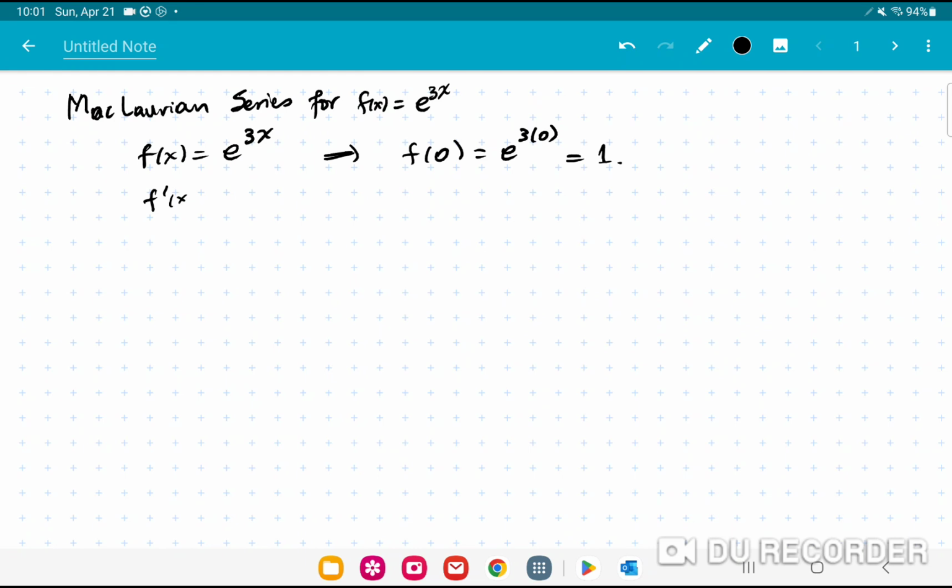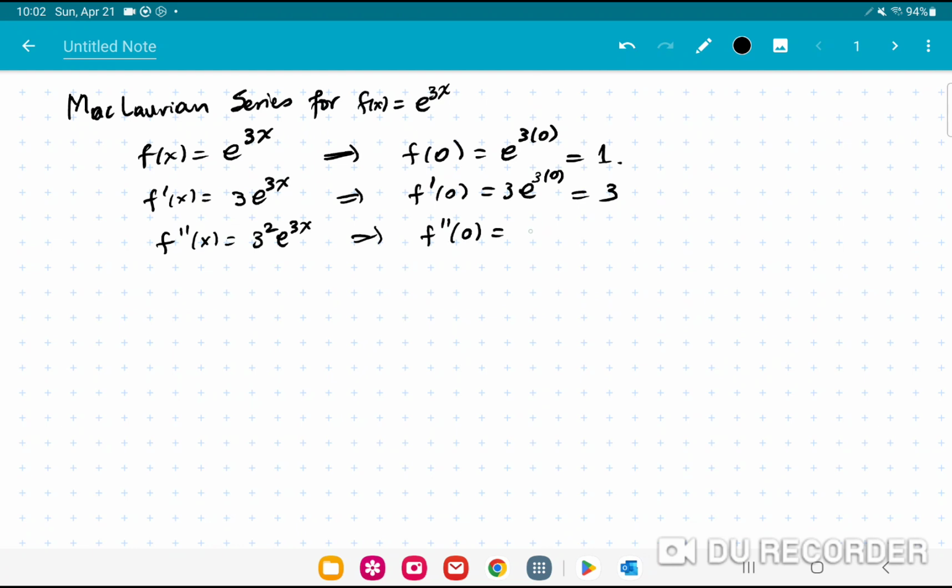F prime of x is 3 times e to the power of 3x. So we're going to put 0 in to get 3. F double prime of x is 3 squared e to the power of 3x. So if you put 0 in, you get 3 squared.